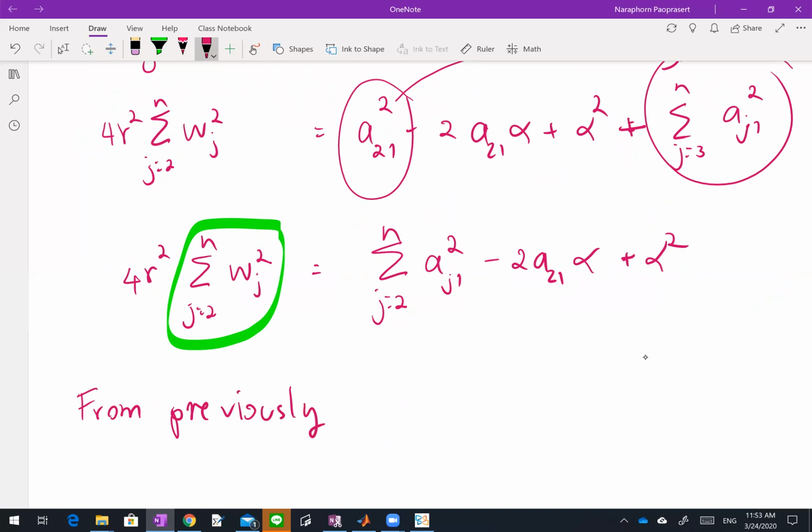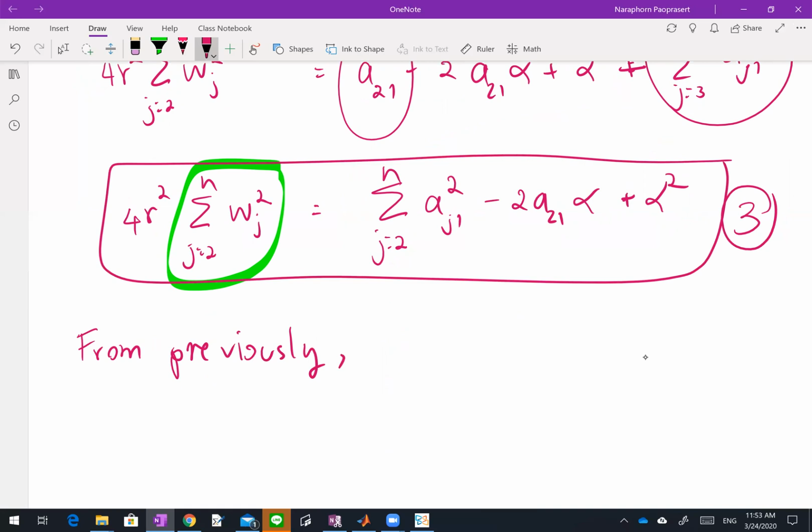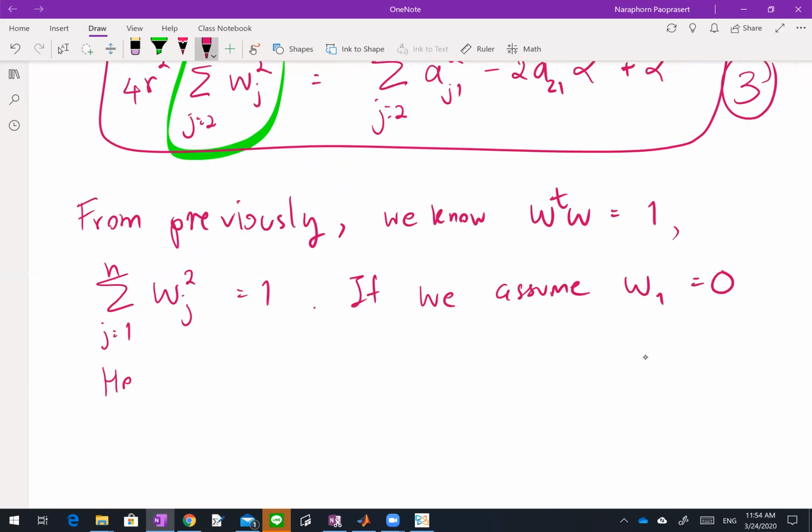Let me call this equation number 3. From previously, we know that W transpose W equals 1. So this is summation j from 1 to n wj square equals 1 because it's a dot product of each w, right? If we assume w1 equals 0, hence we have summation j from 2 to n wj square equals 1.